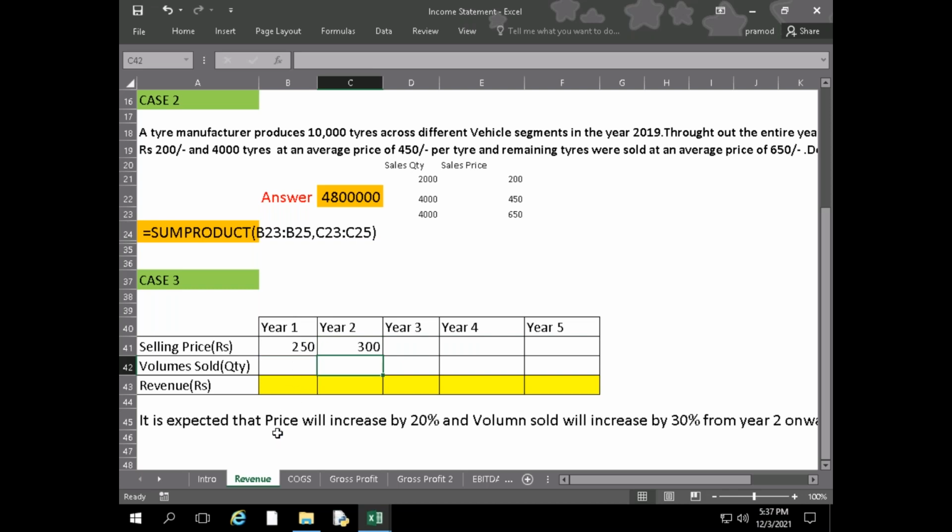Sir, I'm not getting that. Normally if I do B41 into 20%, I'm getting 50 rupees. If I add 50 to 250, it is obviously 300. Why am I getting this, sir? See properly which cell you are selecting. Like this. Yes, sir. Got it, sir. Then the volume sold will increase by 30%.